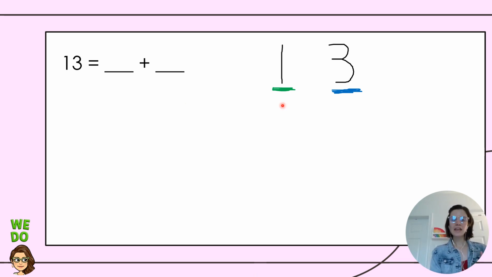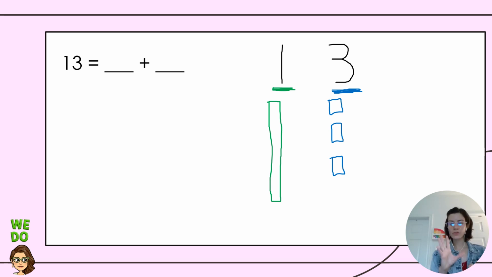Okay, so if I have 1 ten in my tens place, I'm going to draw 1 ten to represent that. And in my ones place, I have how many ones? 1, 2, 3. 3 ones.